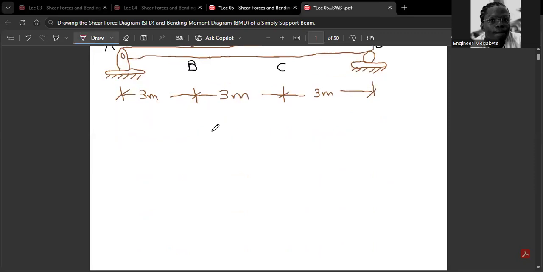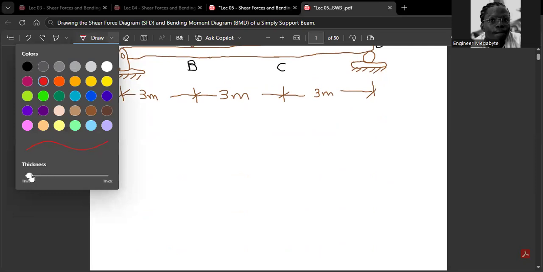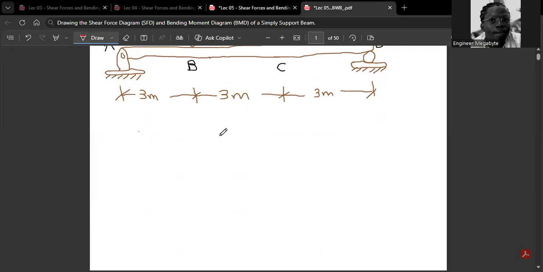Always come and write your given. Then after writing your given, draw the diagram again for marks, and then from there proceed with what you are supposed to do. So let's quickly put the given down.